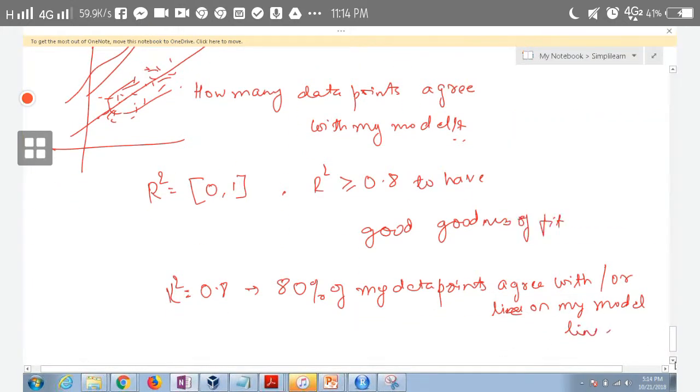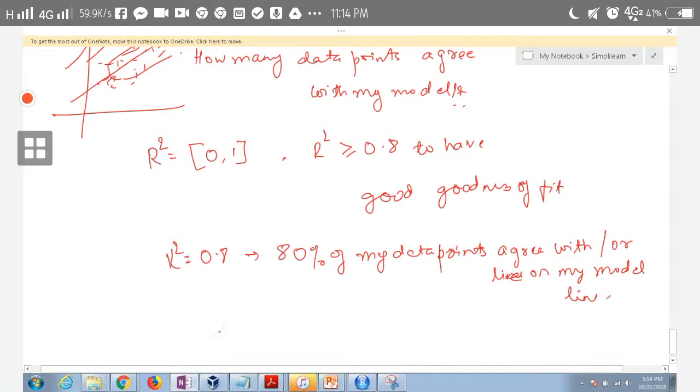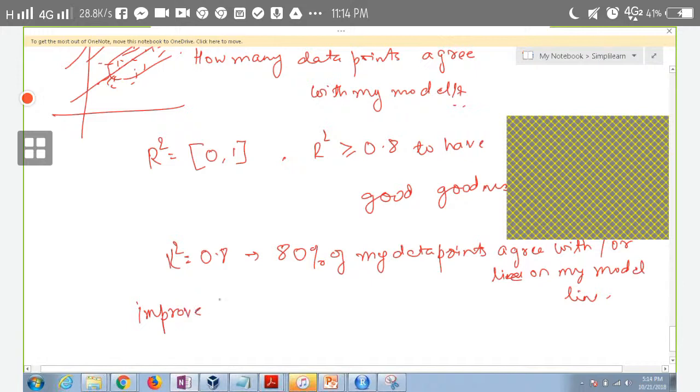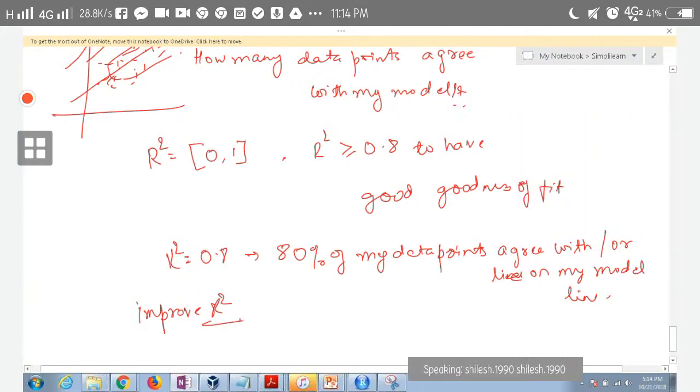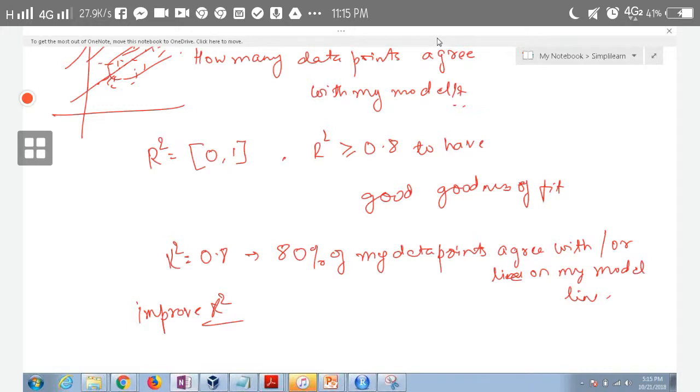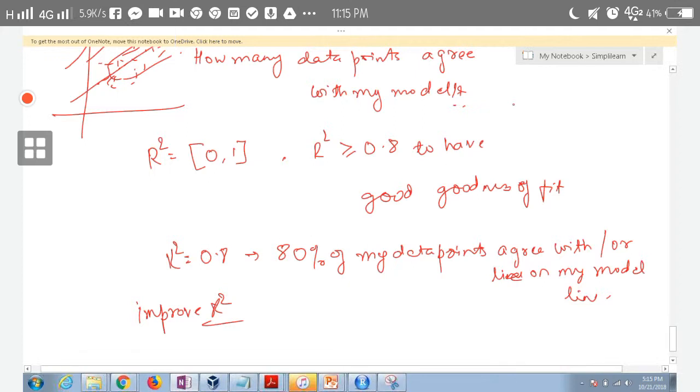So once you've created an equation, your sole purpose is to improve R square. Clear?